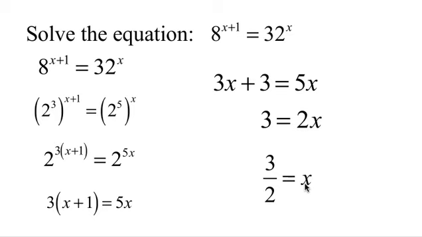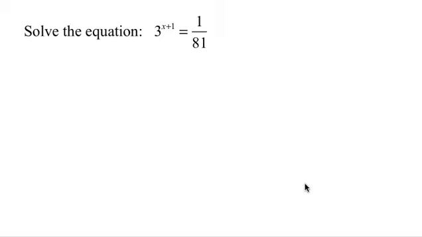And let's take a look at the following. 3 to the x plus 1 equals 1 over 81. Now let's think about 81. 81 is 9 times 9, or 3 times 3 times 3 times 3.